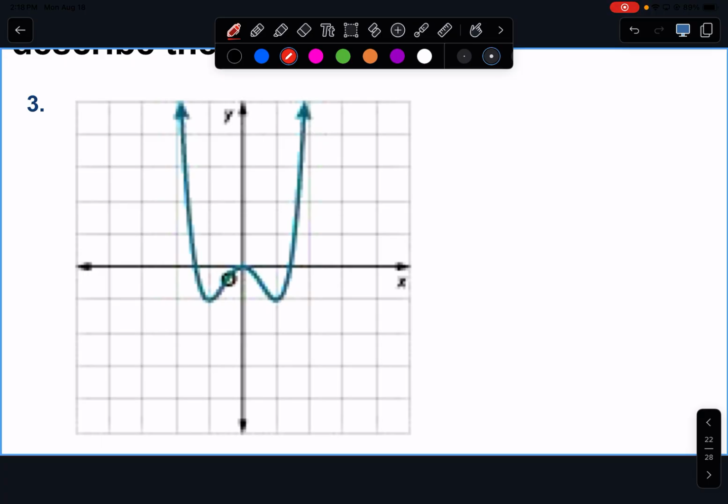So do you want us to write down the coordinates? Yes, please put the coordinates down. Yep. So one of the coordinates you should be writing down is 0, 0, because we have this point right here that's going to be something important.